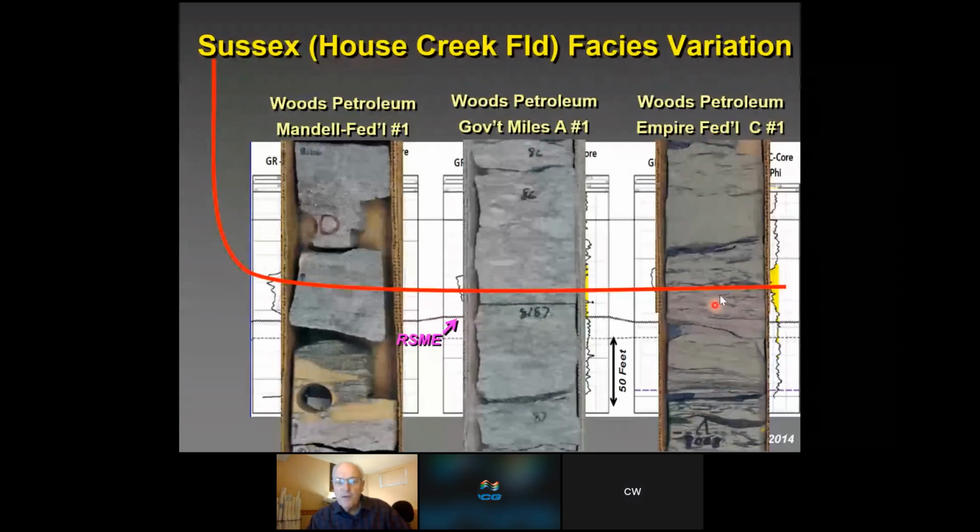If you perf that sand, it will not be the same type of production as if you perf this interval versus that interval. So geologists have to get better at explaining this variability in these falling stage packages and these different compartments that we see in these packages.